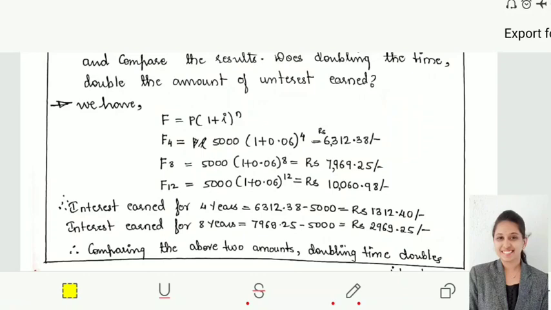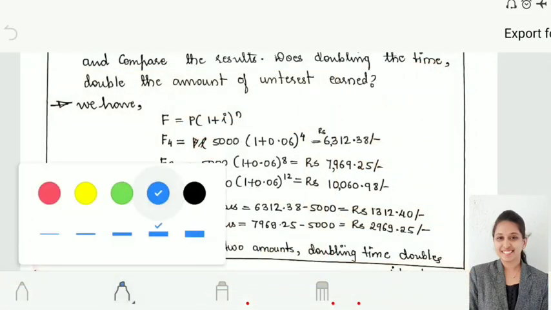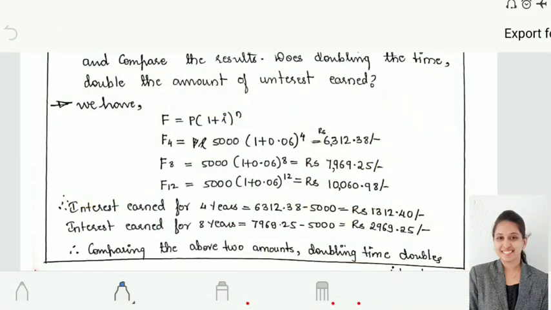The numerical problem asks us to calculate it for 4 years, 8 years and 12 years. So at 4 years it will be 5,000 times 1 plus 0.06 raised to 4, and you will get this much, and similarly for 8 years and 12 years.